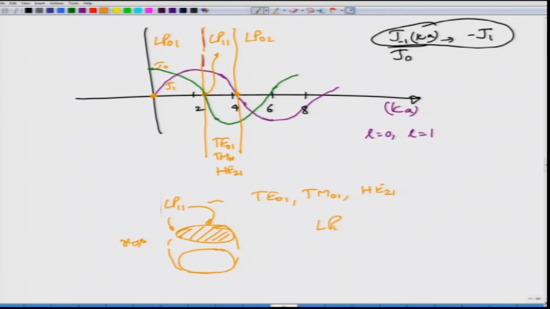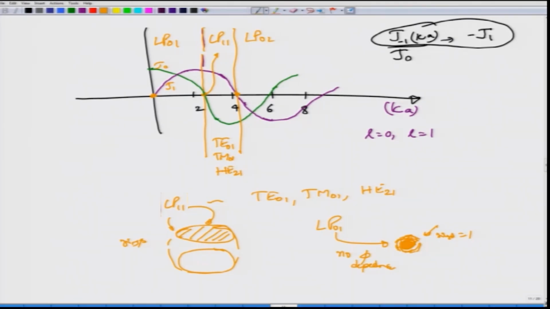So, LP01 mode of course will have at the center the maximum, and then it would gradually go down. I can't draw this one, but intensity goes down, and this one indicates that there is no phi dependence, okay, whereas this indicates the number of rings to be equal to 1, number of circles to be equal to 1. So, these are some modes.